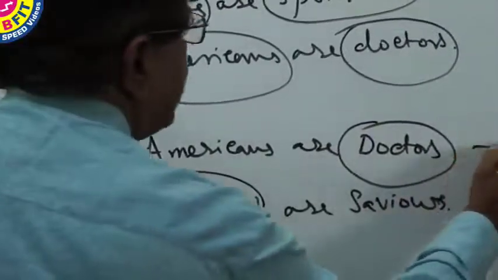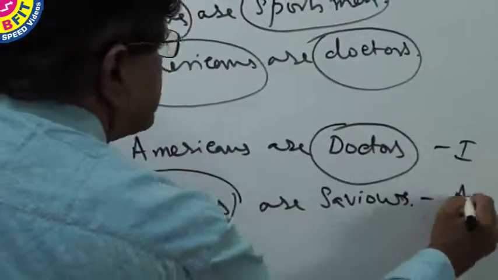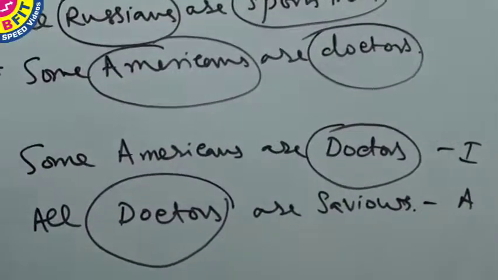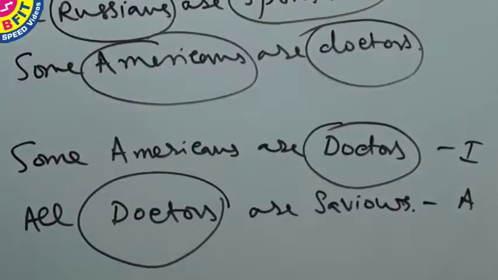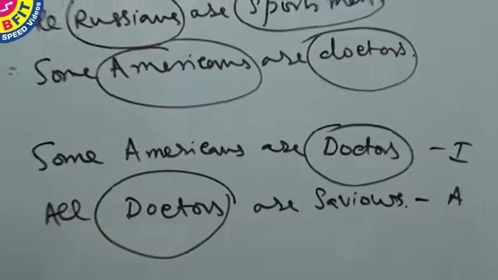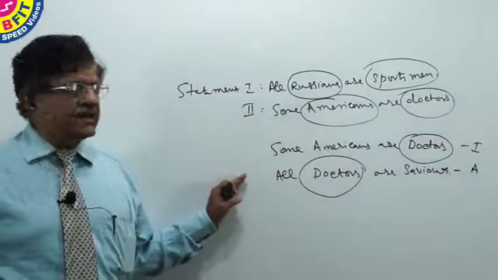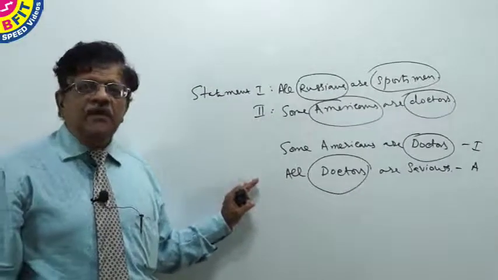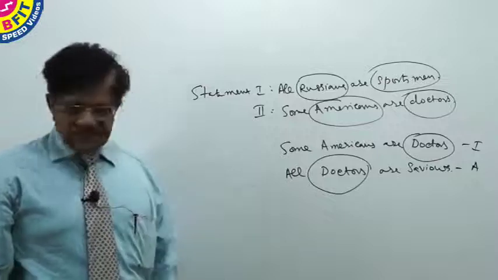This is I type statement, this is A type statement. Now from these two we will be able to draw some conclusion. Therefore the first step in drawing mediate inference is that there must be one common term between the two statements.